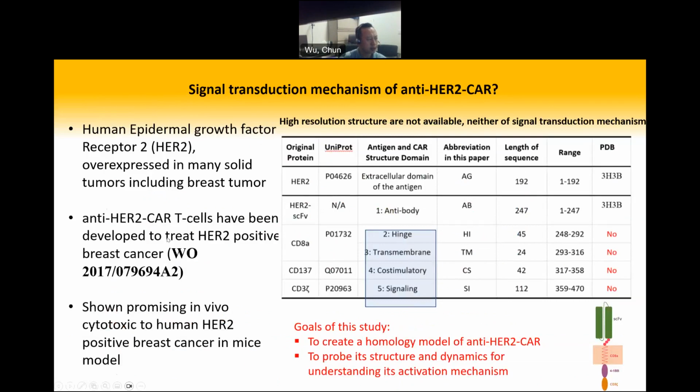This anti-HER2 CAR was developed to treat HER2 positive breast cancer, and it has shown promising cytotoxicity against human HER2 positive breast cancer in a mouse model. Here are the components, literally made from cellular proteins. However, high resolution structures are not available except for the antibody part.